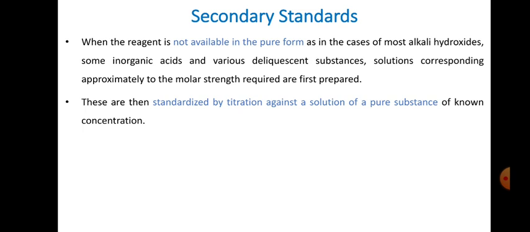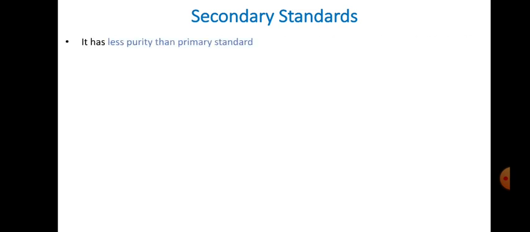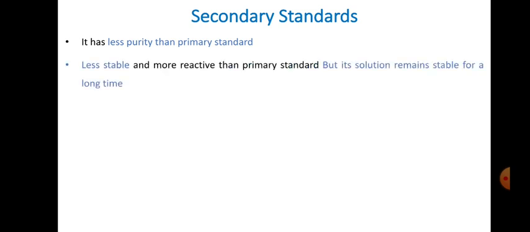So usually we find out the purity of the secondary standard by comparing it with the primary standard. The preparation of a secondary standard requires the primary standard. Unless you have a primary standard, you cannot prepare a secondary standard. In short, we can define the secondary standard as having less purity than the primary standard, being less stable and more reactive, but its solution remains stable for a long period of time.